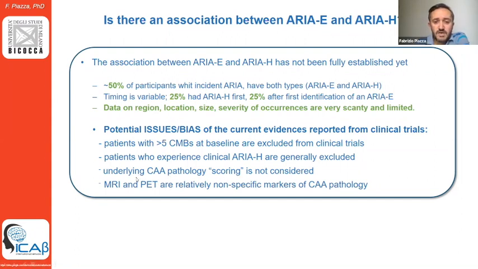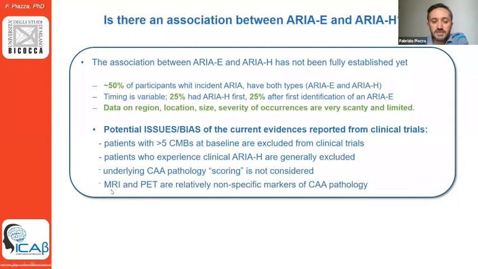We also have to consider that a score of the underlying CAA pathology at baseline has never been properly investigated and considered in previous clinical trials. And last but not least, both MRI and PET are relatively non-specific markers for CAA pathology.